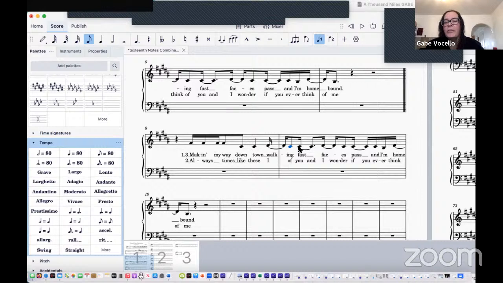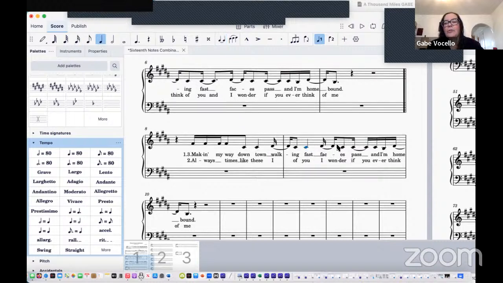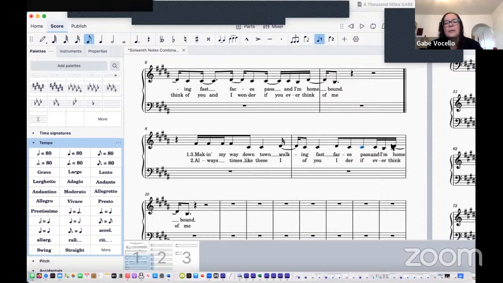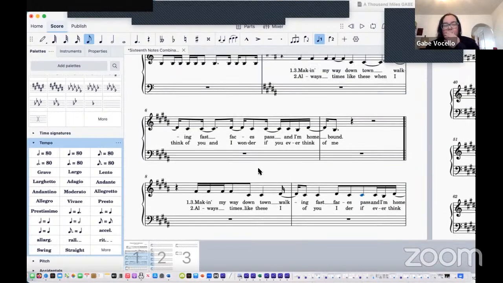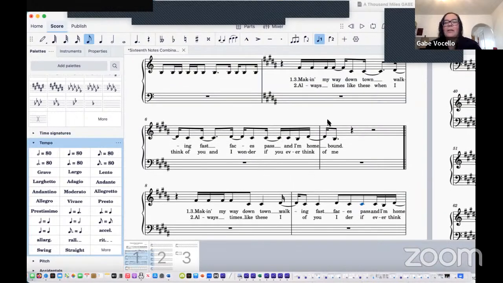But here 1/16 plus 1/8 note is equal to 1 quarter note, because 1 quarter note is equal to 2/8 note and also equal to 4/16 note. Here, 2/16 is equal to 1/8 note. So what do you think is worse? Maybe I made this worse than what was written.